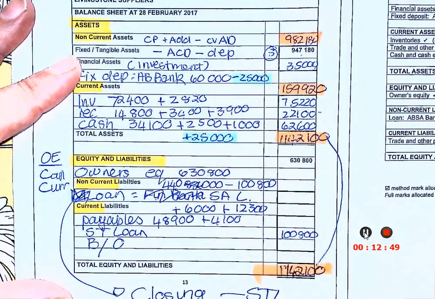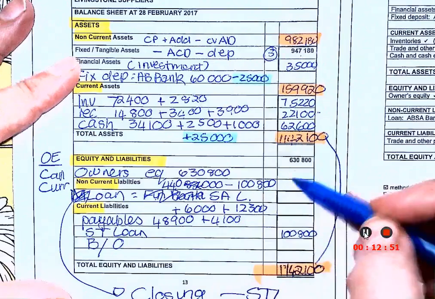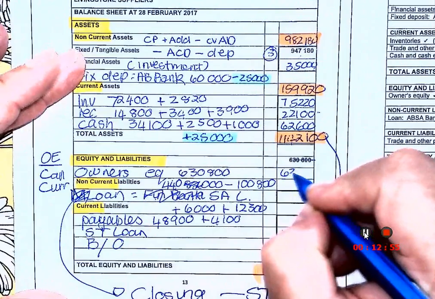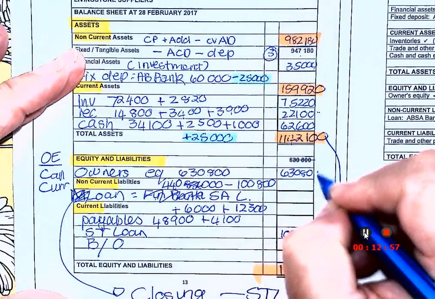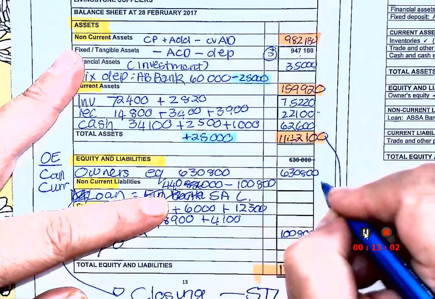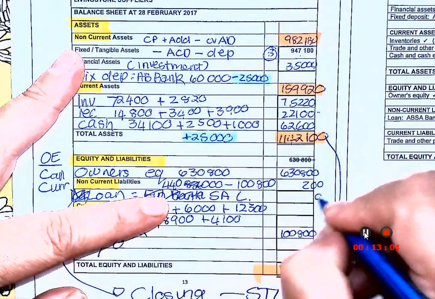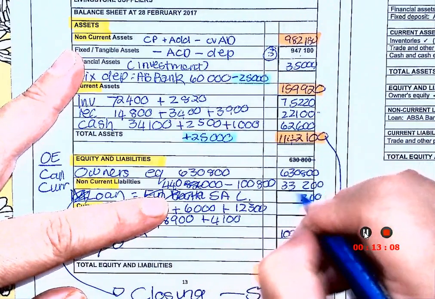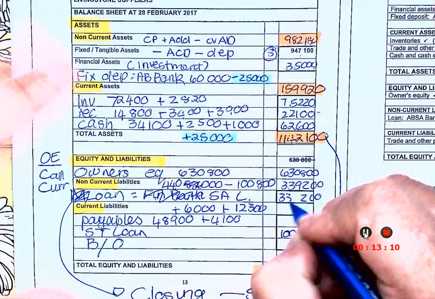Okay, I know that already. Then I know owner's equity is already given. They've printed it in the wrong place, so I'm just writing it in the right place. Current liabilities is how much? Something 200. Anybody? 339. And remember to block and top, ne?